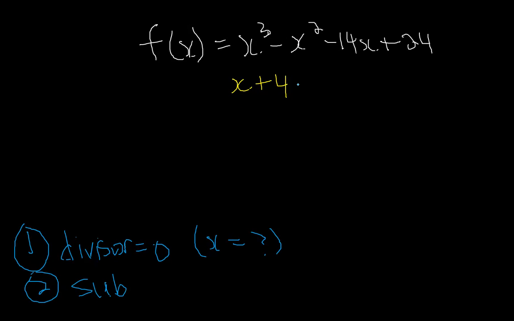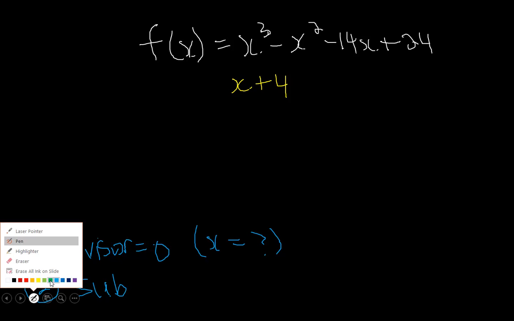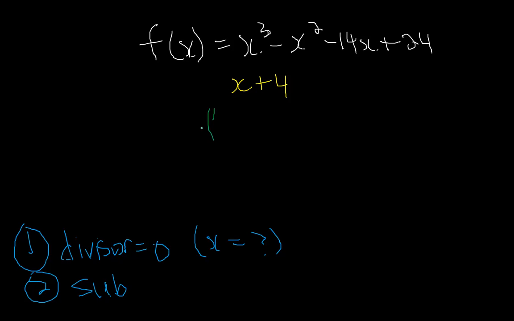So x plus 4, if I put that equal to 0, I will get my value of x is minus 4. So what does that mean? That means that f of minus 4 is the remainder. To prove that x plus 4 is a factor of this, I need to get that remainder equal to 0.